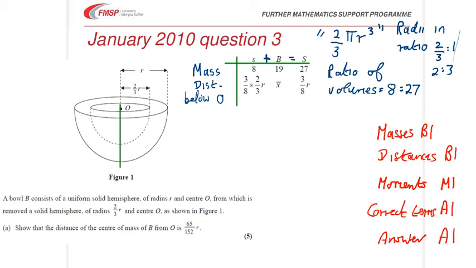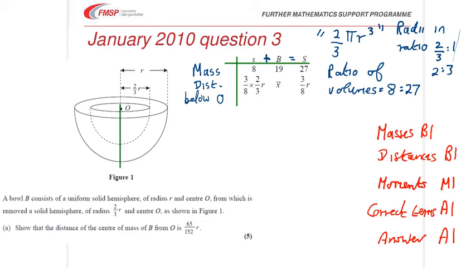You can see that the smaller hemisphere's got a radius of 2/3 r, the larger hemisphere's got a radius of r. So the ratio of the radii, that's a bit of a mouthful, is 2 to 3. So the ratio of the volumes, which we're going to use as the masses, is 8 to 27, 2 cubed to 3 cubed. And that simplifies it.